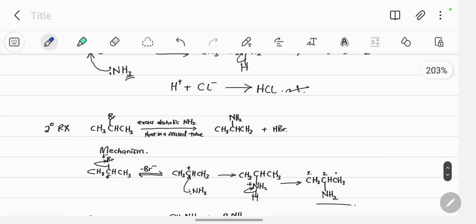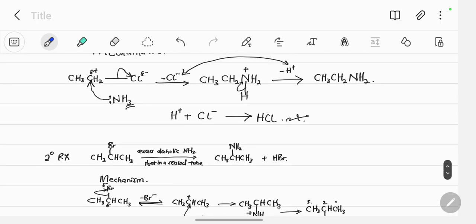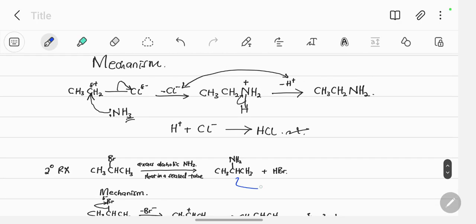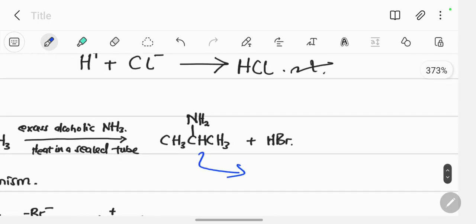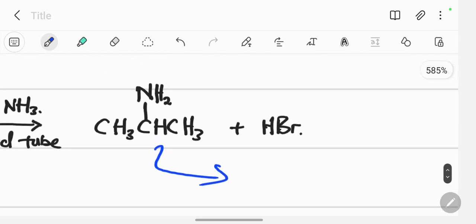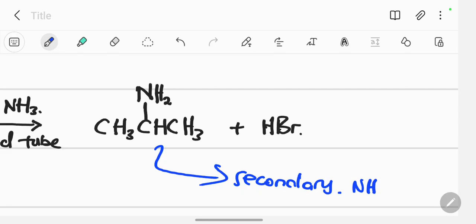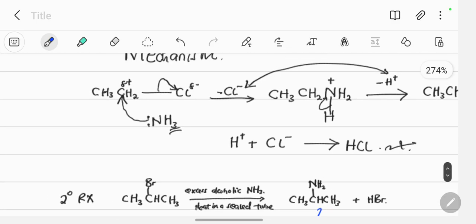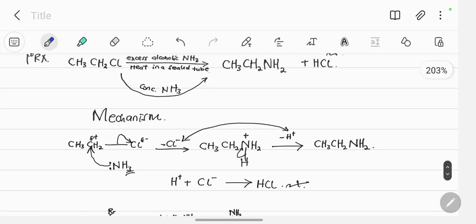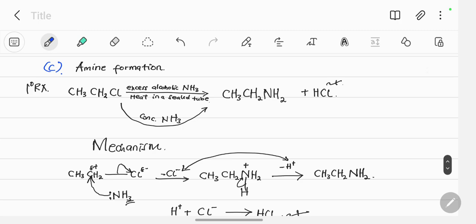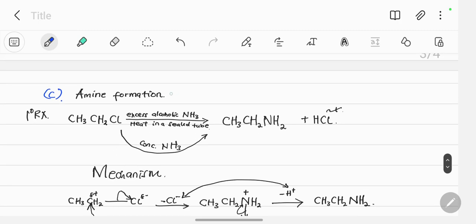Then this, by the way, this one is also a secondary amine, but for it it's unique. Secondary amine, and from our reaction here we formed a primary amine.